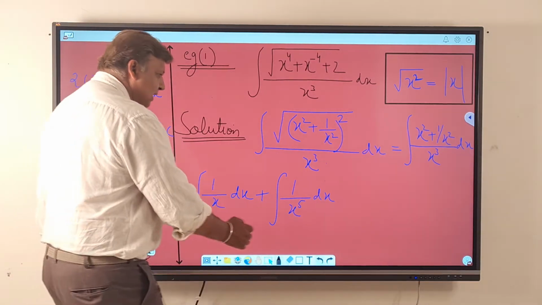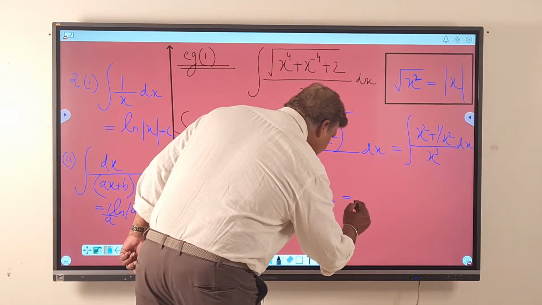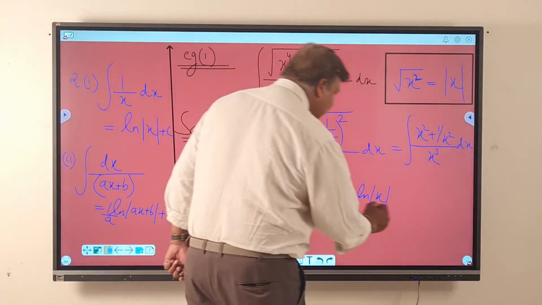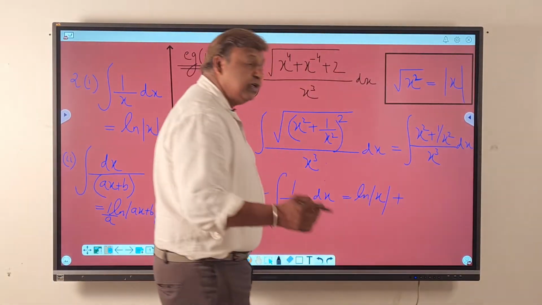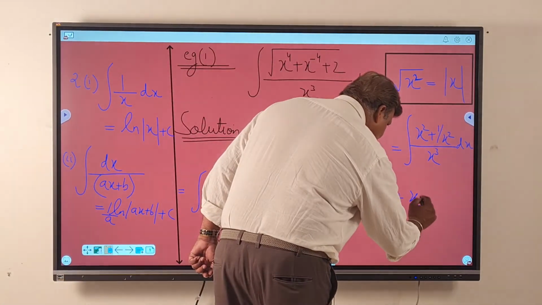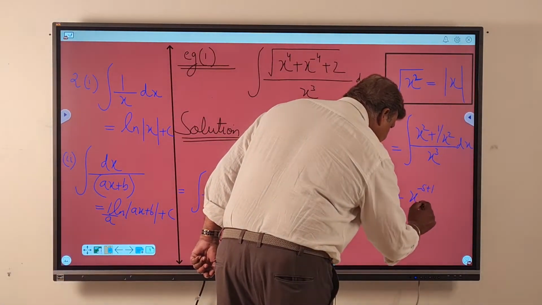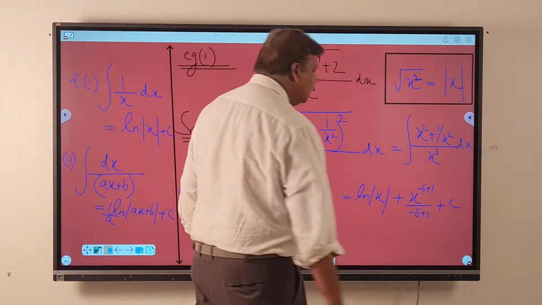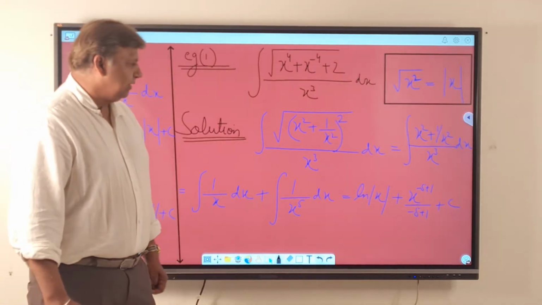So the integration of 1 by x would be ln mod x, and for 1 by x to the power 5, the same way which we did in the previous video, x raised to power n, so x raised to power minus 5 plus 1 upon minus 5 plus 1, plus c. So this would be your answer finally.